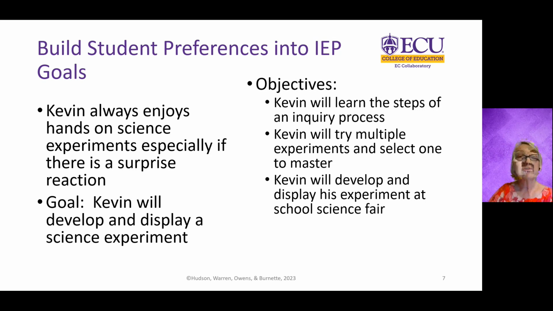Some objectives she might include that consider his preferences could be that Kevin would learn the steps of the inquiry process. Kevin would try multiple experiments and select the one he wants to master. I really like that one because it builds in choice making for the student. Or that Kevin would develop and display his experiment at the school science fair. I really like that one too. That's where his peers would be.